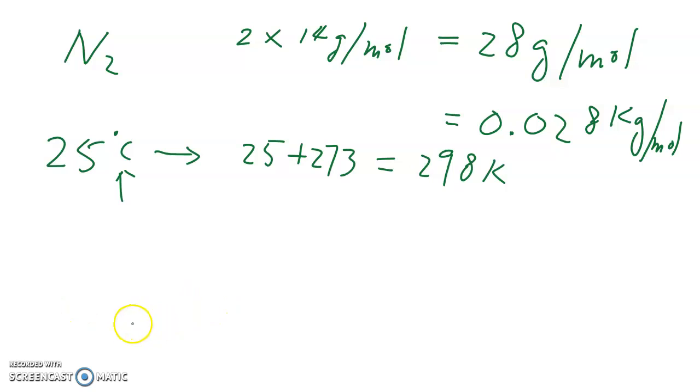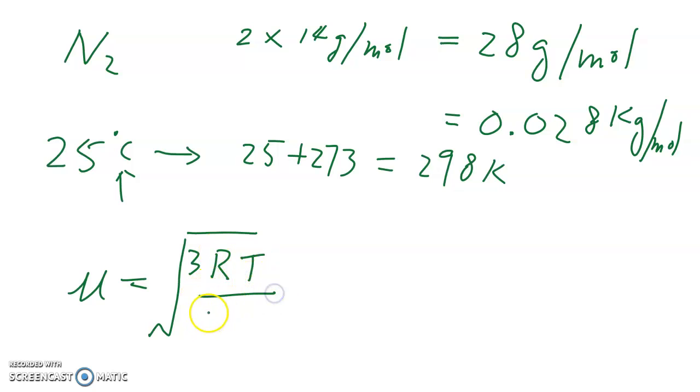From what we have shown before, the average or root mean square velocity is equal to the square root of 3 times RT divided by the molecular weight.